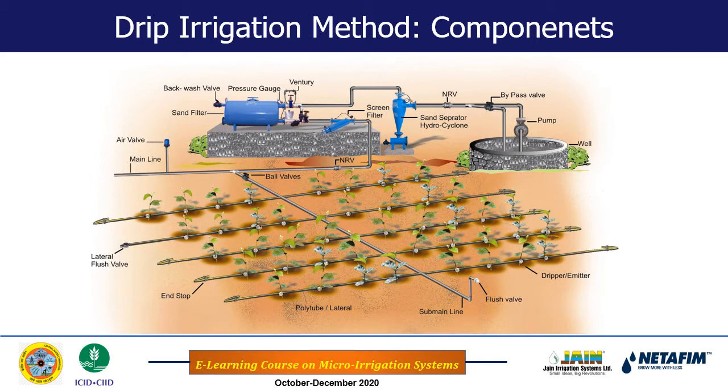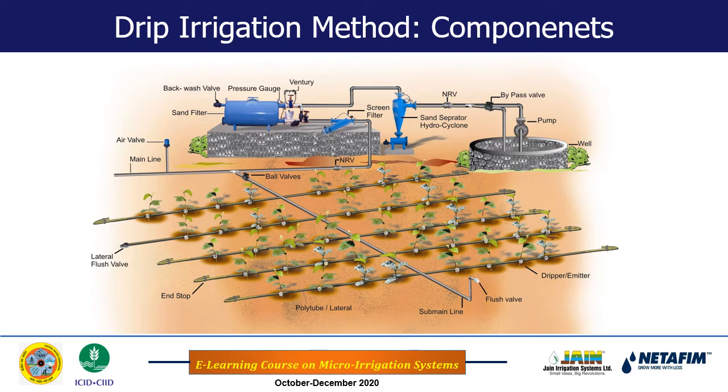Just for representative purposes, in this figure one subunit is shown. This subunit is towards the right hand side, so there could be one subunit towards the left hand side, and there could be several such subunits, and each subunit has one ball valve at the head of its submain. This ball valve will control the flow of water.